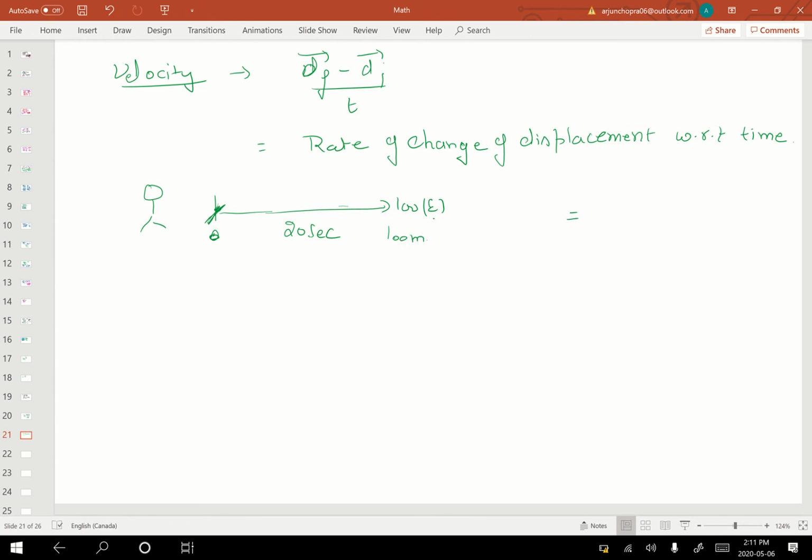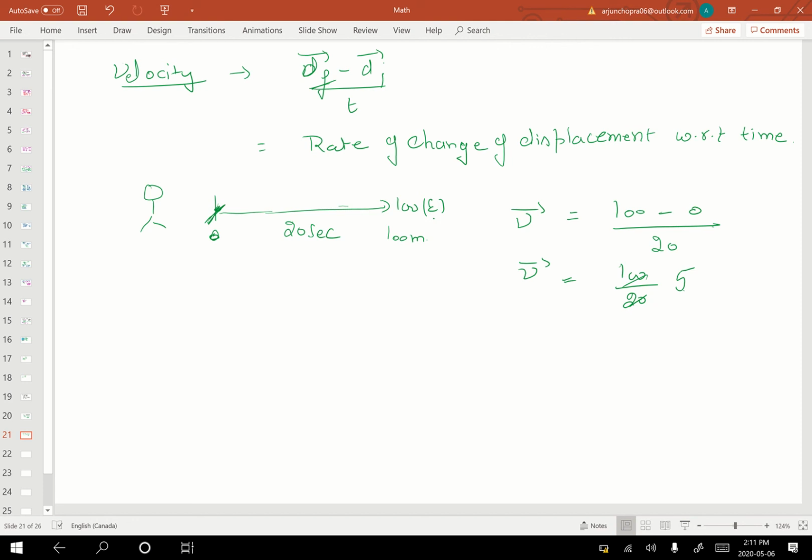So d final, what is the final location? 100 minus 0 divided by the time it took, which was 20 seconds. I won't put the seconds here. So velocity is equal to 100 divided by 20, which comes out to be 5.